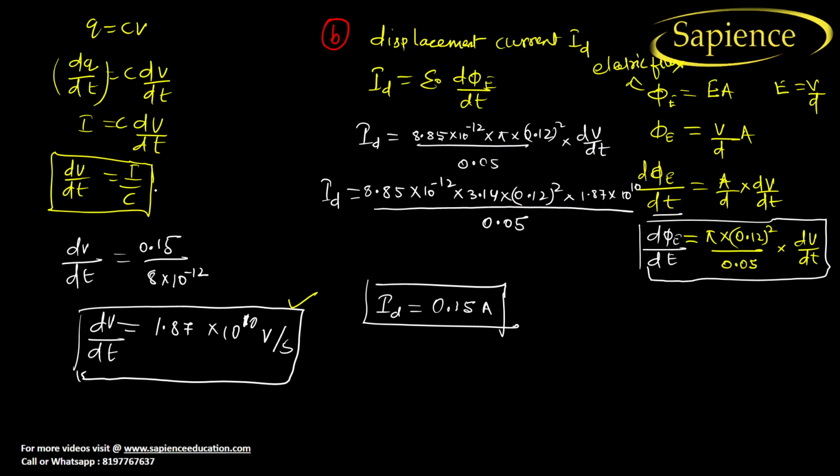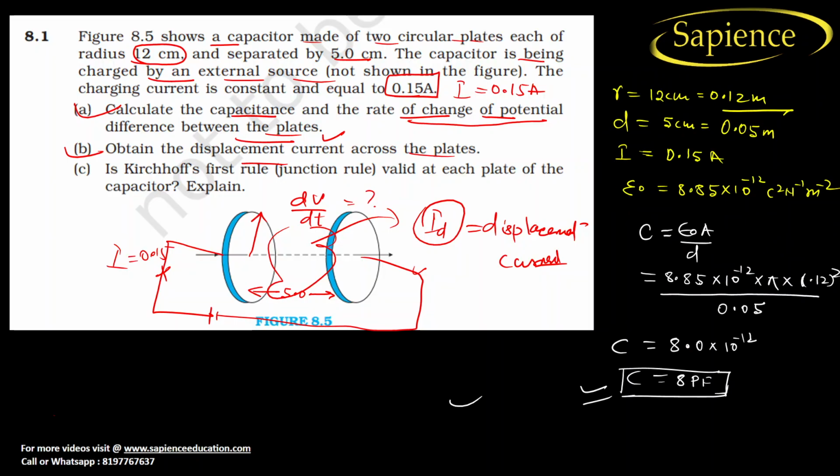Now let's try to solve the next part of this question. The next part is: is Kirchhoff's first rule, the junction rule, valid at each plate of the capacitor?